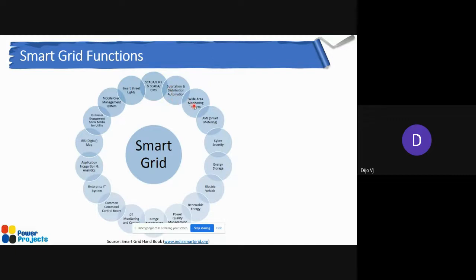Wide area monitoring system, which is basically with a PMU arrangement, monitoring the entire system, the healthiness of the system, etc. will be monitored, and suitable action will be taken in order to make the system stable even before some adverse event happens. So that is the importance of the wide area monitoring system.